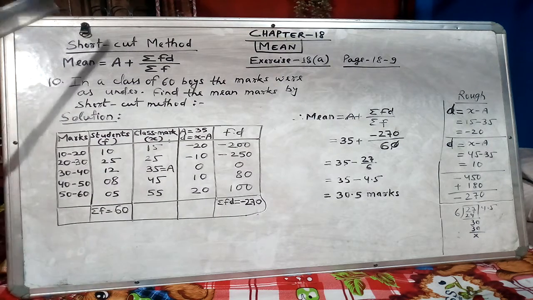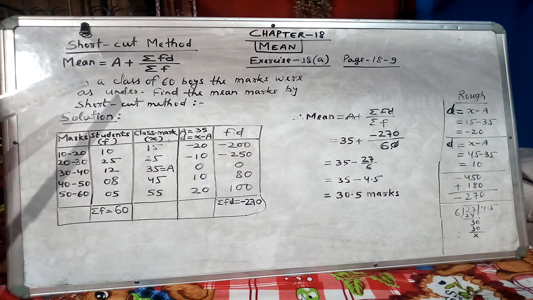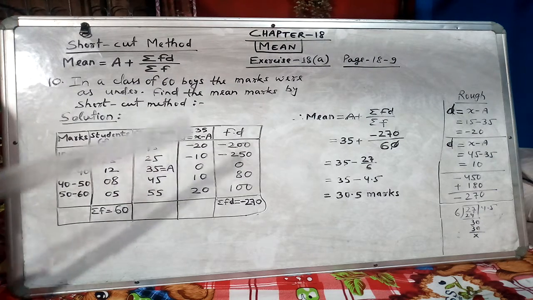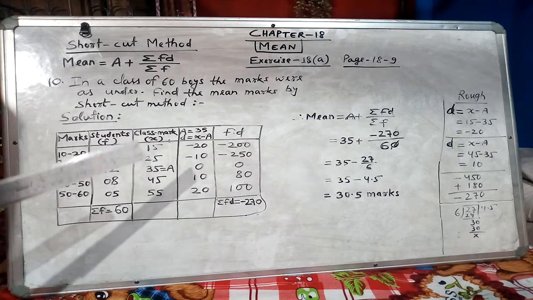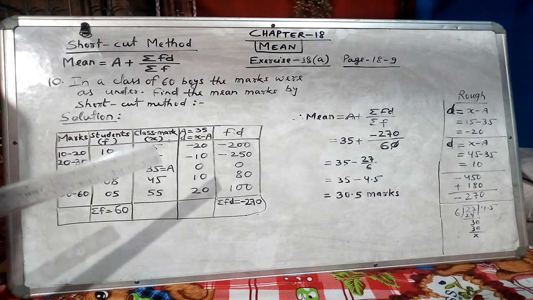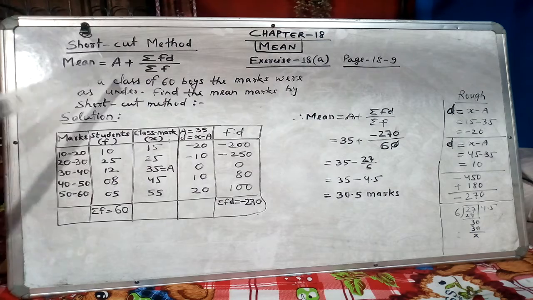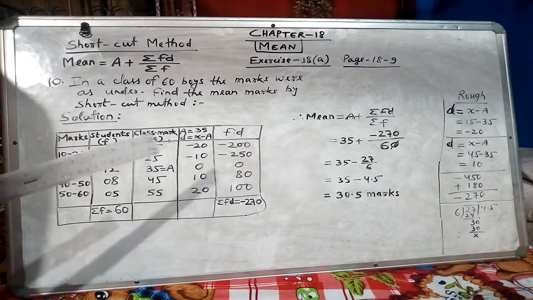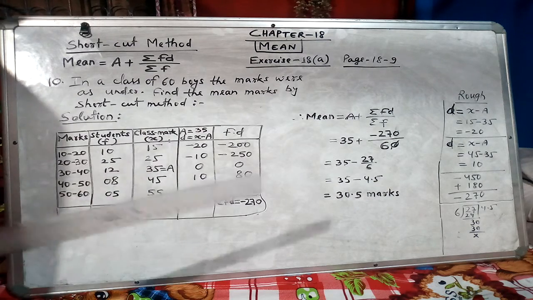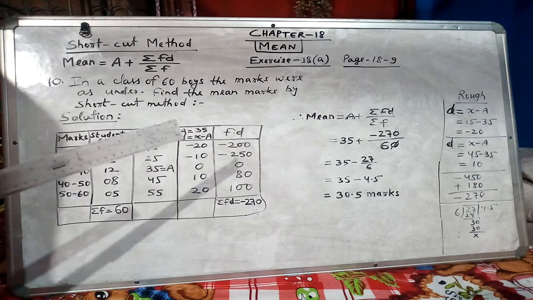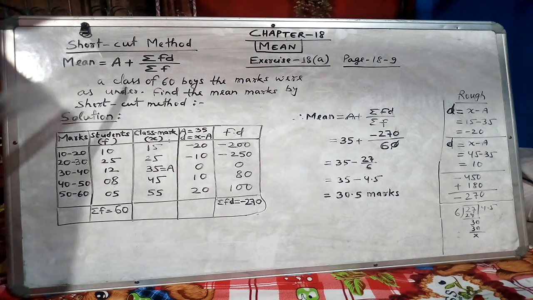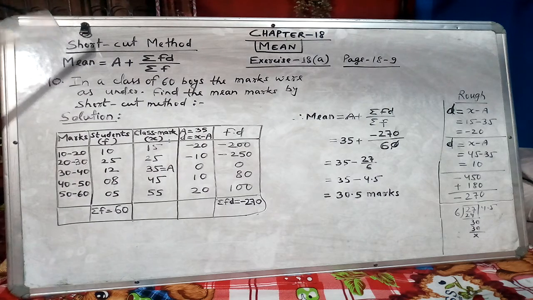If they have asked you to find mean by the shortcut method, you cannot find mean by the direct method. That's why we have to learn all three methods. First is the direct method, second is the shortcut method, and third is the step deviation method. After this we are going to learn the step deviation method. So you have to learn mean by all three methods. Today we are going to learn the second method, the shortcut method.